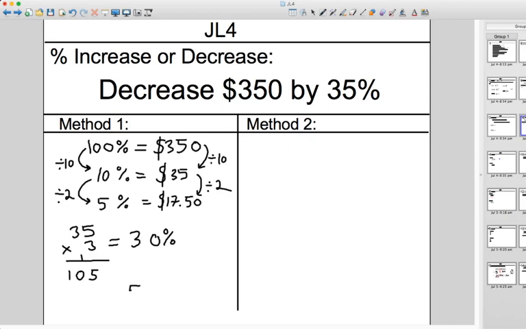If I add on the 5%, 17.50, there's 50 cents. That's 35%. 7 and 5 is 12, so 2 down, carry a 1. 1 and 1 and 0 makes 2, and then 1. So we're looking at $122.50 needs to be added on to that 350.